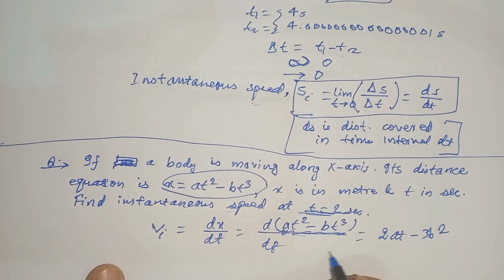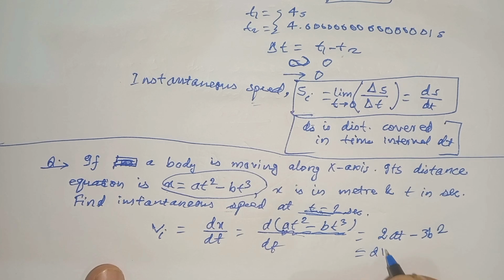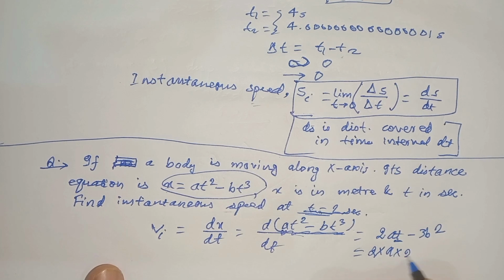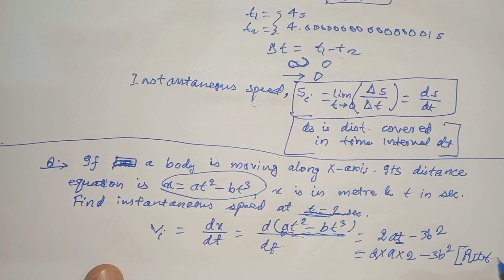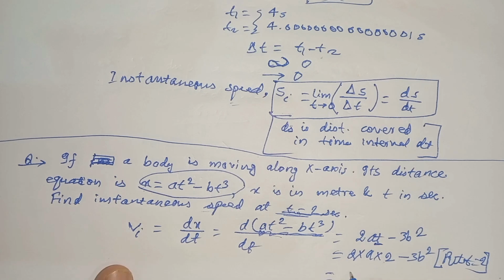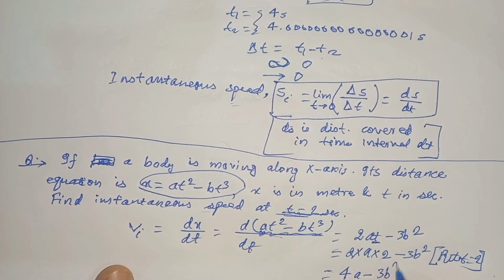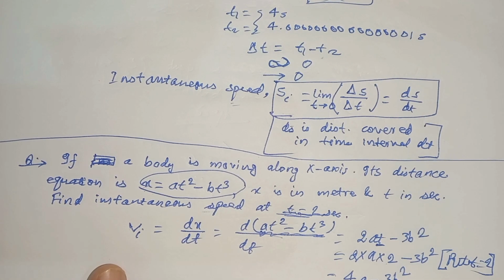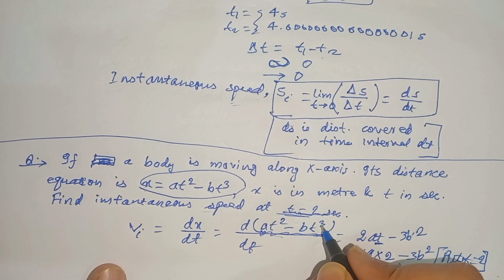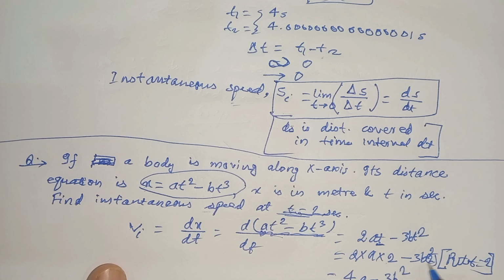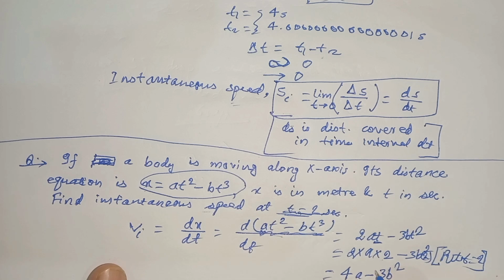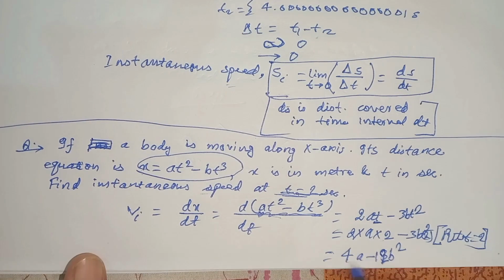Putting t equals 2, in the place of t it is 2, so it is 2a(2) minus 3b(2) square, which is 4a minus 12b. Sorry, it was a simple calculation error: the term is 3bt square, so in place of t it is 2 square, 4 times 3 is 12, so 12b. So 4a minus 12b.